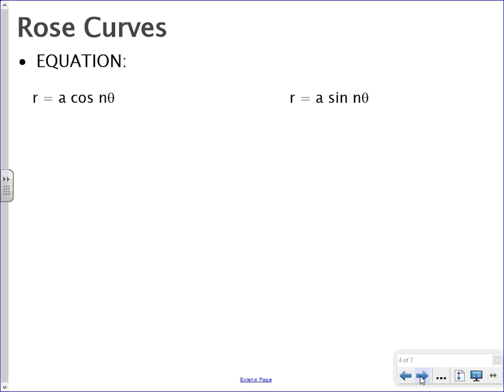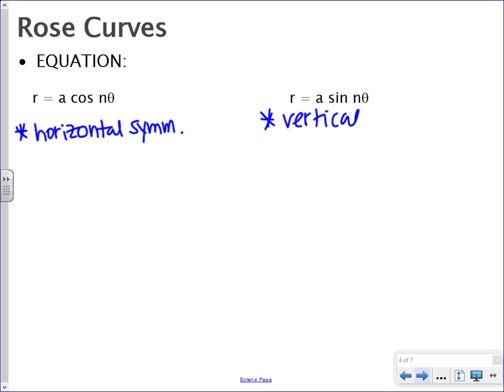A tells us something, sine or cosine tells us something, n tells us something. We already know what sine and cosine tell us, right? Tannen, what does sine cosine tell us? Symmetry. So this is going to have horizontal symmetry. This one's going to have vertical symmetry. That's going to be the only difference in terms of sine and cosine.